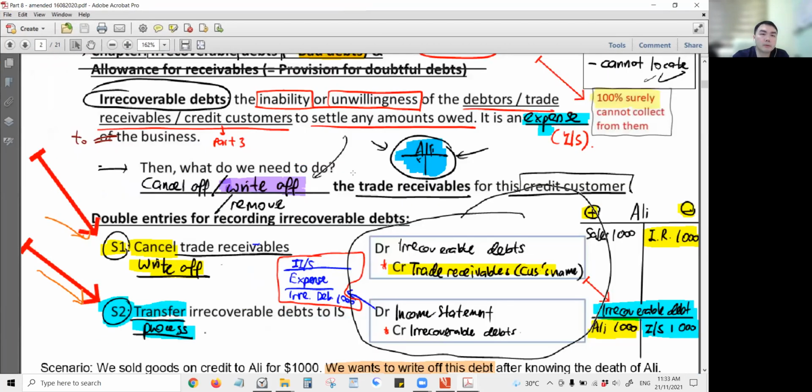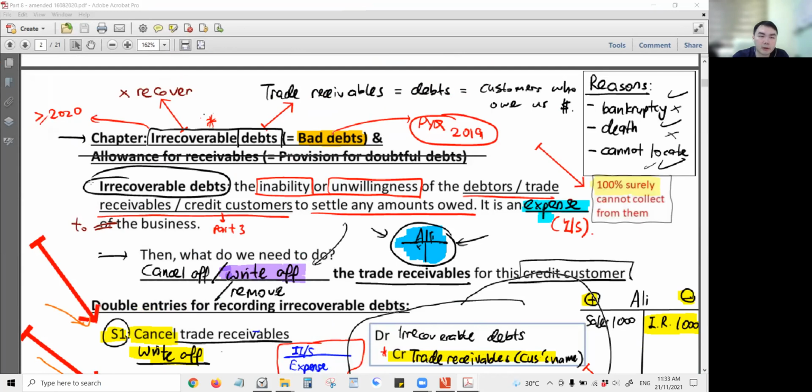For example, this is the definition for irrecoverable debts. The keywords: you must have the word inability or unwillingness. You must have the words trade receivable, or you write debtors, or credit customer, to settle any amount owed.